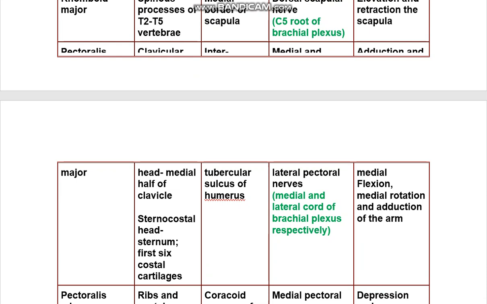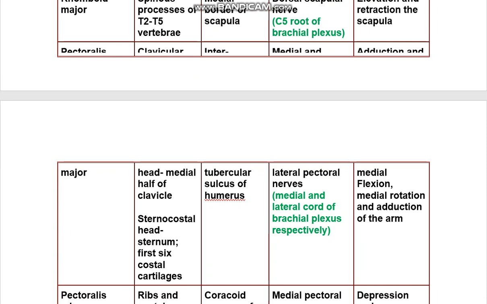Now, the pec major is going to be innervated by the lateral pectoral nerves, and these medial and lateral pectoral nerves that innervate the pec major are going to be a part of the medial and lateral cord of the brachial plexus, respectively.